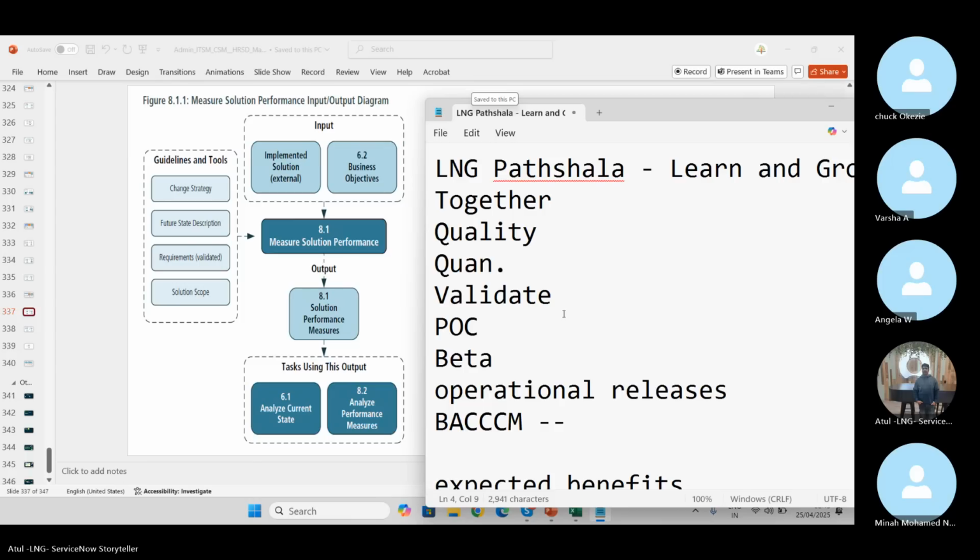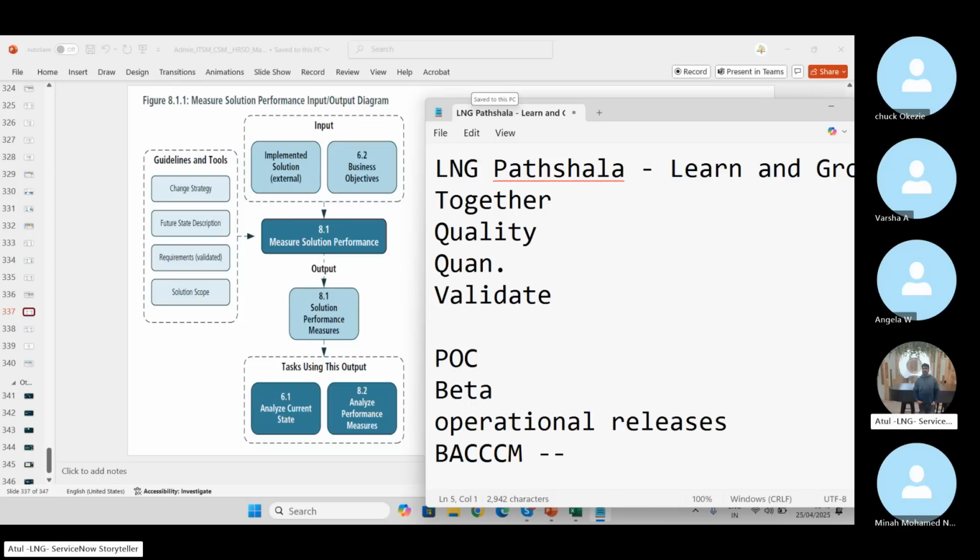So validation is a must. Requirement performance validation is a must. To validate a requirement, we need a collection. Give me the data of the last 6 months and see how many incidents got reopened.